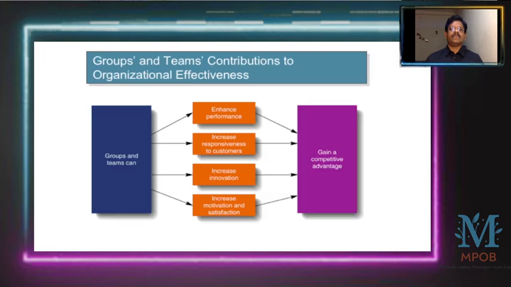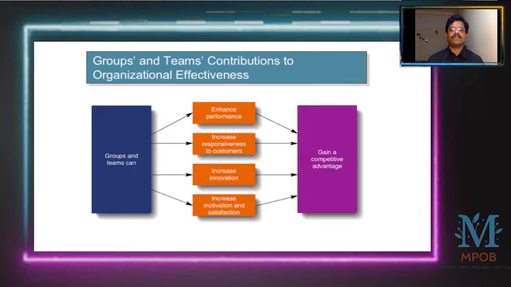If you look at the contribution of groups and teams to organizational effectiveness, groups and teams can enhance performance, increase responsiveness to customers' requirements, and increase innovations. The groups and teams working together ultimately give the competitive advantage in the organization.